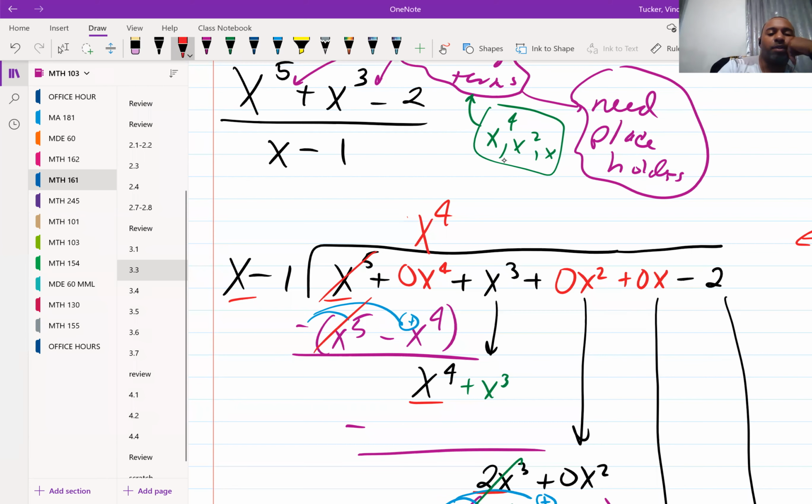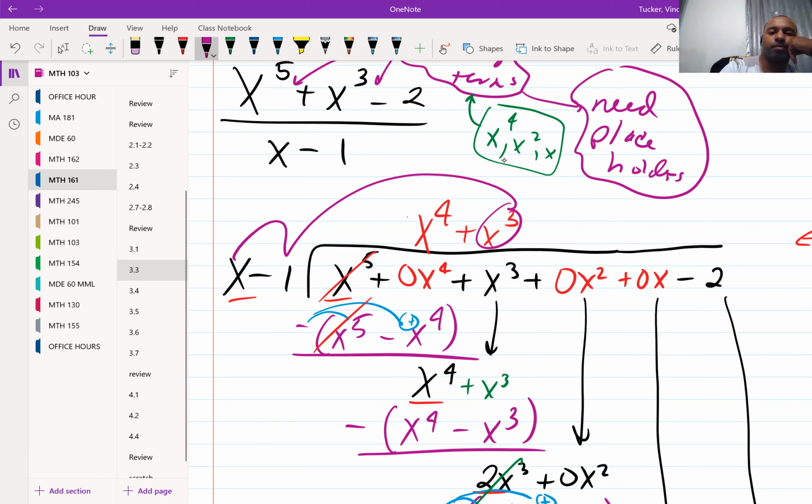And once again, you compare the first terms in each. x divides into x to the fourth. That'll just be x cubed. Multiply the x cubed to both terms out here. x to the fourth minus x cubed.